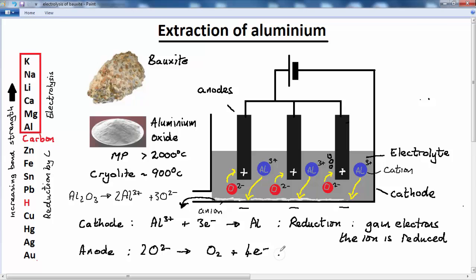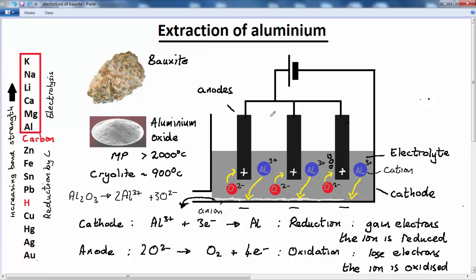We call this process oxidation. Oxidation is taking place at the anode, while reduction is taking place at the cathode. When oxidation occurs, the ions lose electrons. That's to say, the negative oxygen ion is oxidized.